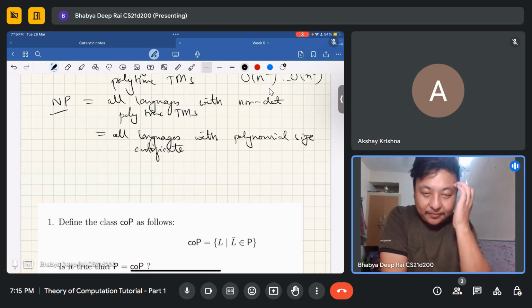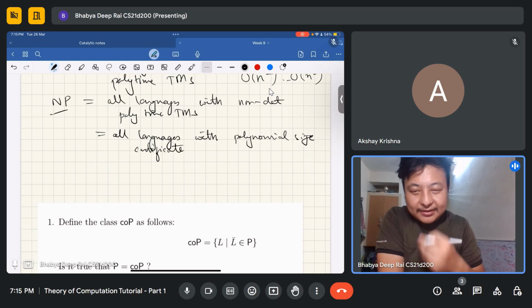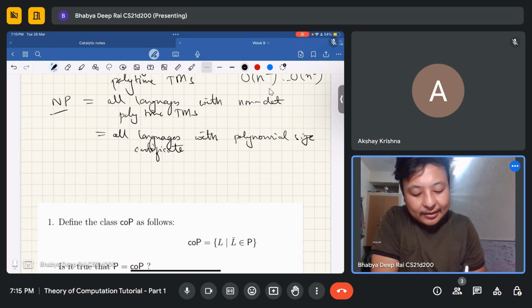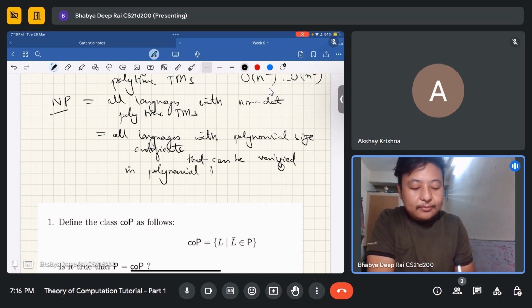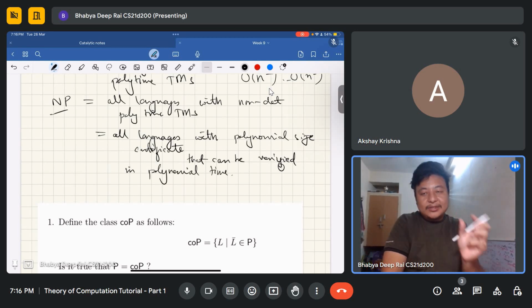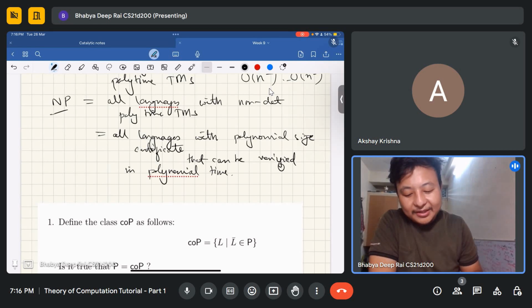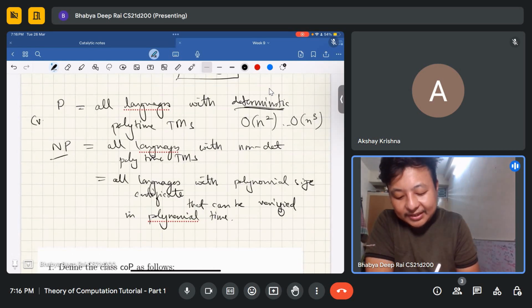All languages with a polynomial size certificate that can be verified in polynomial time. I have small certificates that can be verified in polynomial time. In other words, P are those languages which are easy to solve, and NP are those languages which are hard to solve.